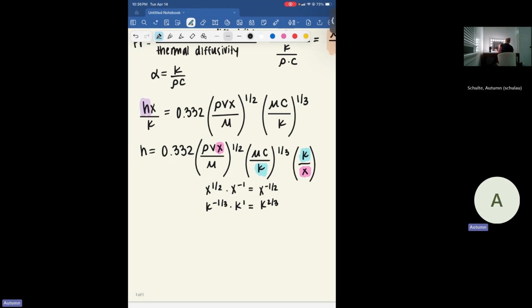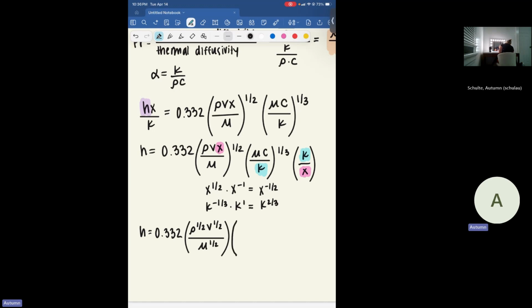So let's put this back into our equation. So we have H, our heat transfer coefficient, is equal to 0.332 multiplied by rho to the power of 1/2 multiplied by the velocity to the power of 1/2 divided by our viscosity to the power of 1/2.